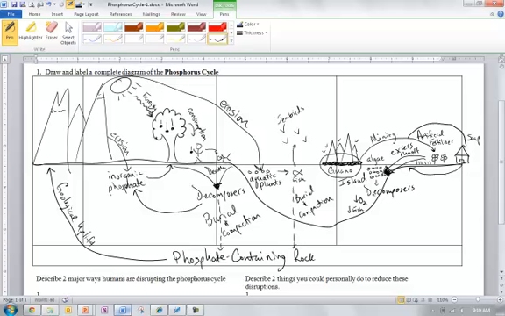These two things combined, a decrease in oxygen and a decrease in fish, we call a dead zone. What other cycle had a dead zone involved in it? Nitrogen. Okay.